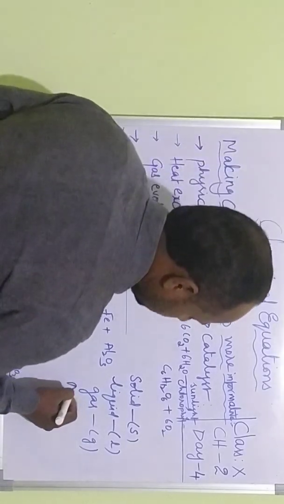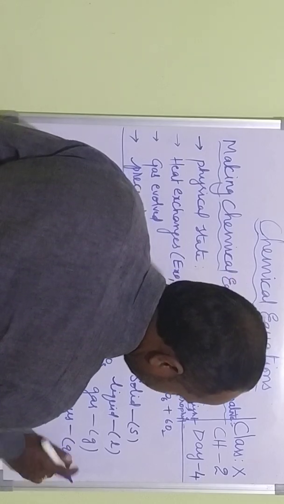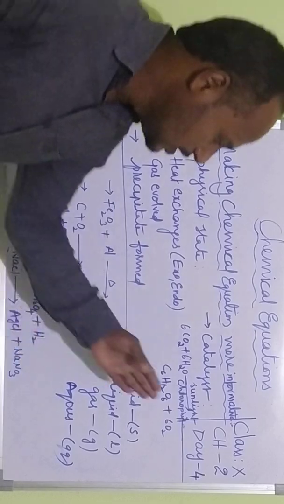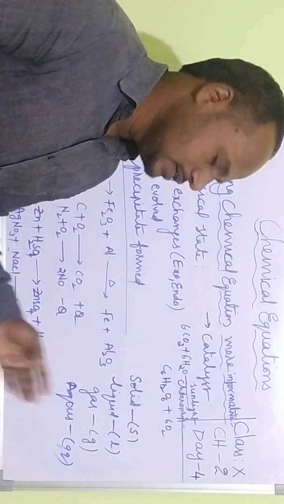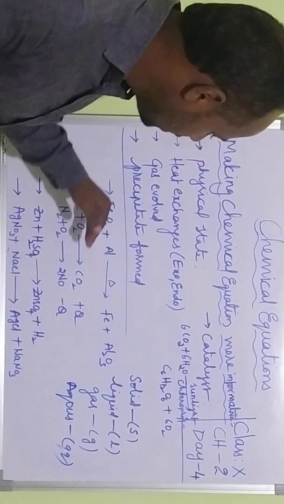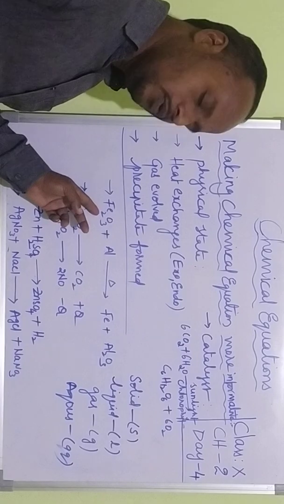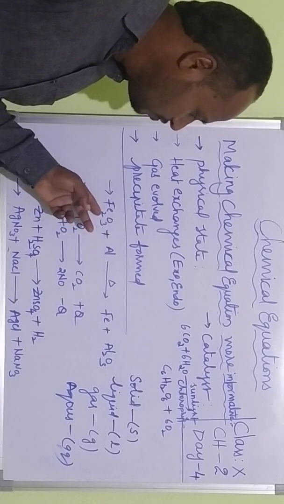it is called AQ, aqueous. These are the short notations of solid, liquid, gases. Here in this chemical equation, the chemical composition gives more information.